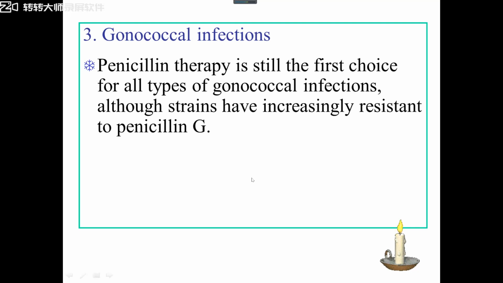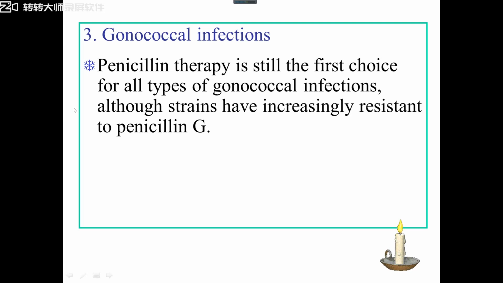In China, lots of male patients infected with gonococcal infection are shy to go to the hospital, so they go to some secret local clinic. The local clinic gave them some antibiotics, but in fact, because of drug resistance, there is no use.